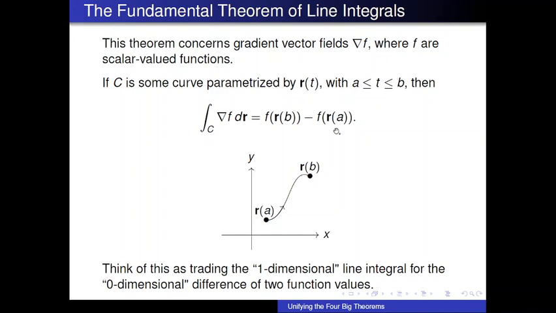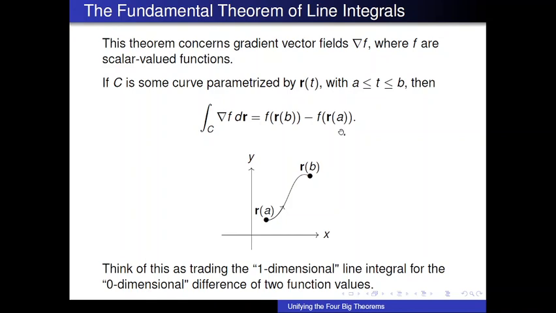And so I know this is a little mind stretcher here, but we might actually think of this difference of two values as some kind of zero-dimensional integral of sorts. It's just a difference, or just a signed sum of a discrete set of values. It's really a finite set of values in total.